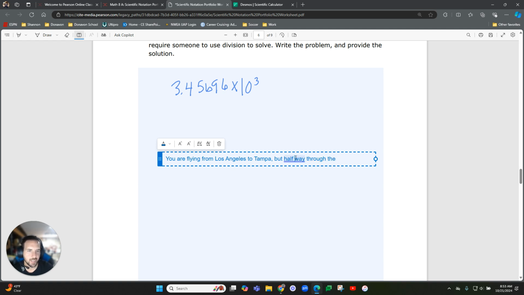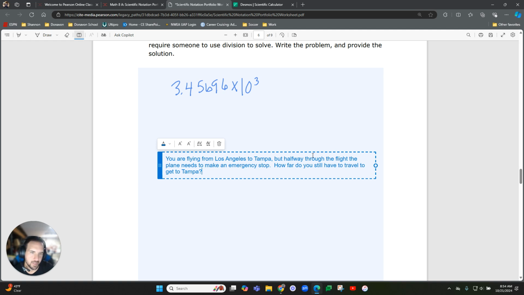Halfway is one word. Oh my gosh, it's correcting my grammar. Halfway through the flight, the plane needs to make an emergency stop. How far do you still have to travel to get to Tampa?